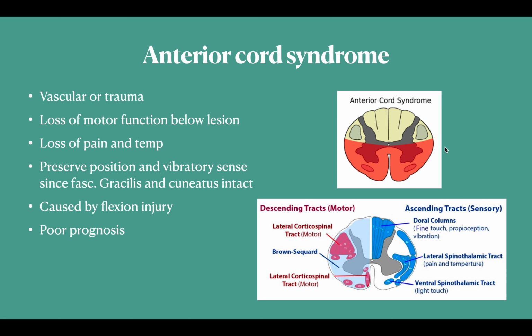Anterior cord syndrome is usually due to trauma, and it's going to result in a loss of pain and temperature. However, the positional and vibratory sense is going to be intact since the gracilis and cuneatus are intact. It's usually caused by a flexion injury, and this generally has a very poor prognosis.